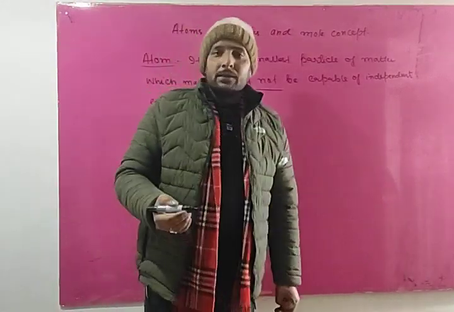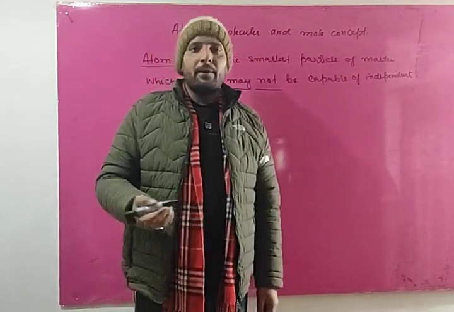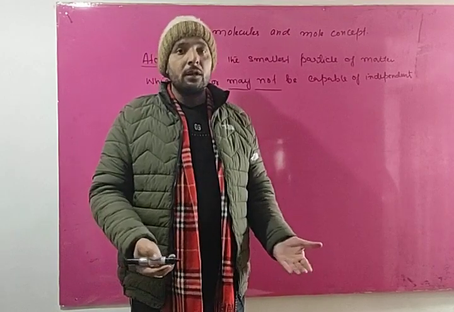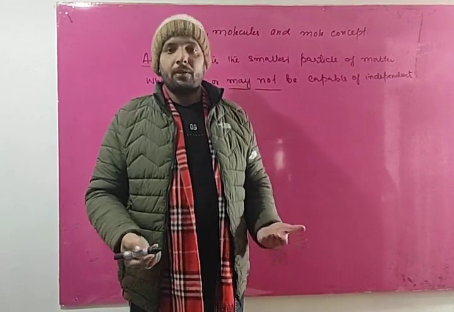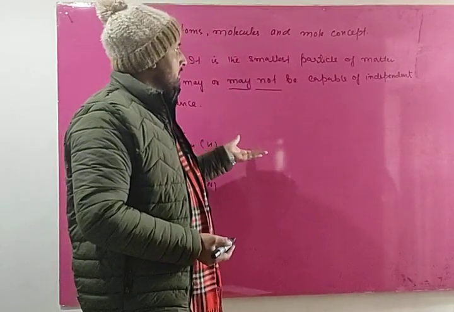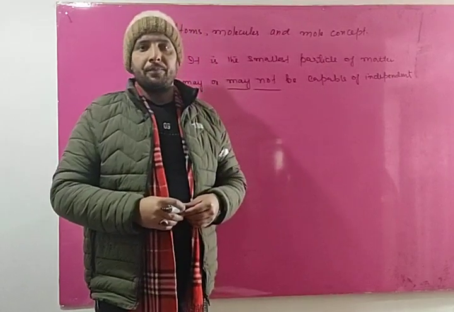As many as elements are there, as many as atoms are there, right? जितने हमारे पास atoms है, उतने हमारे पास elements है, because elements are made up of atoms. Now, we will try to understand how these atoms exist and what this basic definition of atom means.